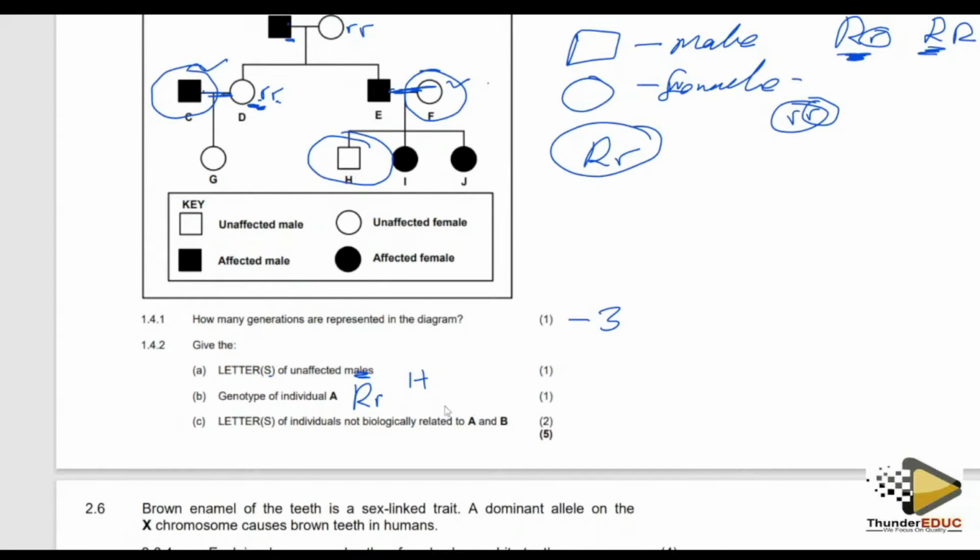So the answer here is going to be F and C, because if this line was like this, then they would have been the kids of these parents. But because this line is not like that, it means that they just got married. So this is not a biological child for these two, and also this is not a biological child for these two. So I think I'm clear there.